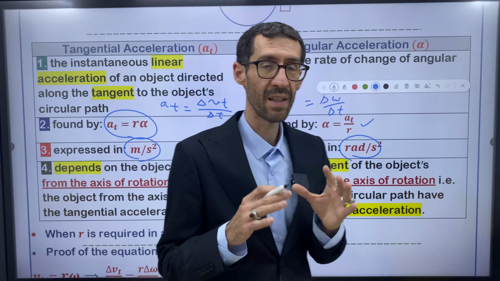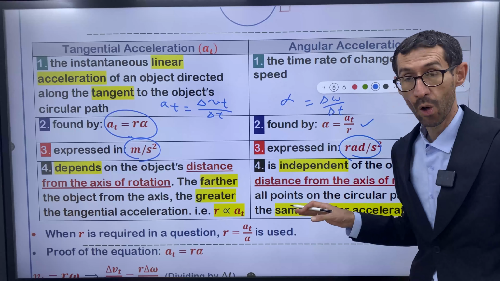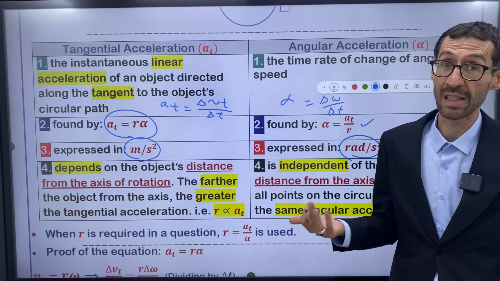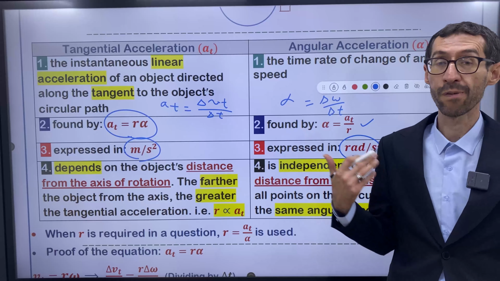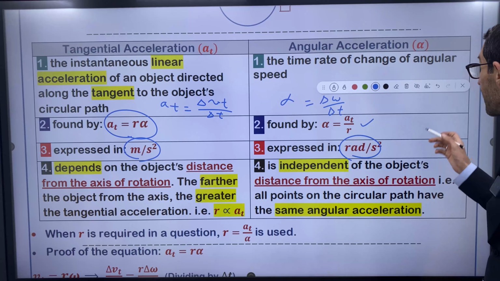All horses on the carousel or merry-go-round have the same omega. Otherwise, the object loses its rigidity. Otherwise the object deforms, and I told you this is a dangerous situation, right?